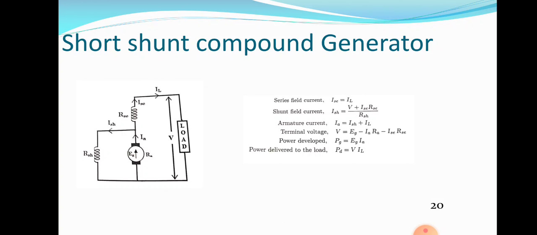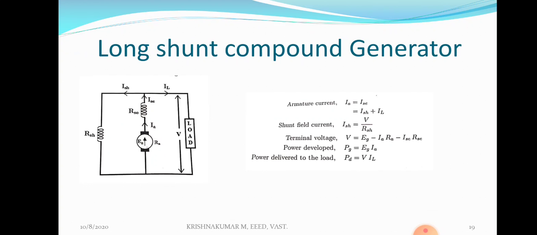That type of generator is known as a differentially compound generator. For short shunt compound generator, there is no such classification. Short shunt compound generators are rarely used. Most commonly used compound generator is long shunt compound generator. Unless stated otherwise, a compound generator is understood as long shunt compound generator.